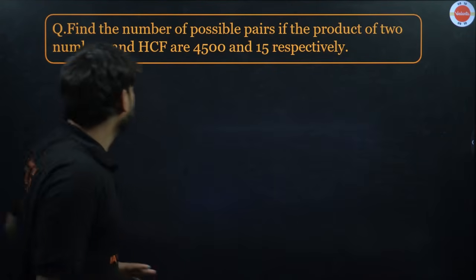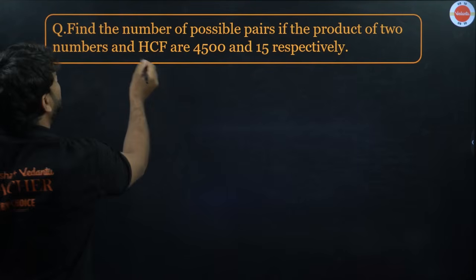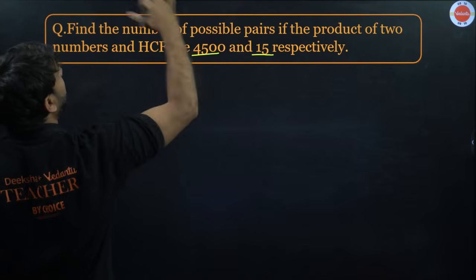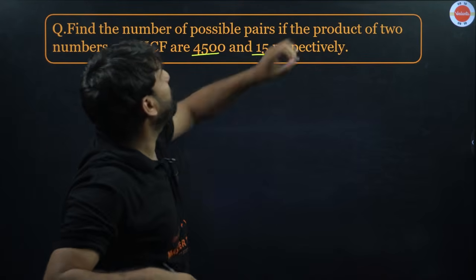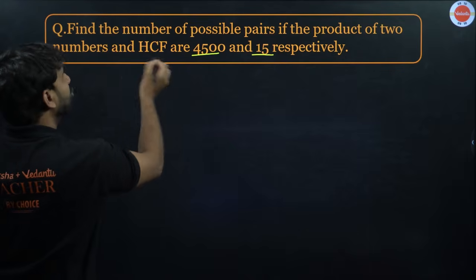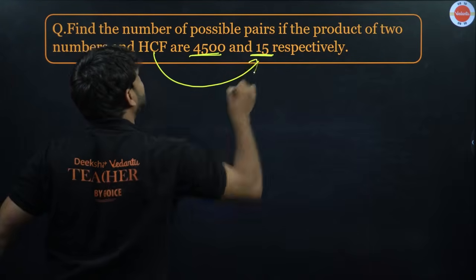Moving to the question: find the number of possible pairs if the product of two numbers and their HCF are given. The product is 4500 and the HCF is 15.